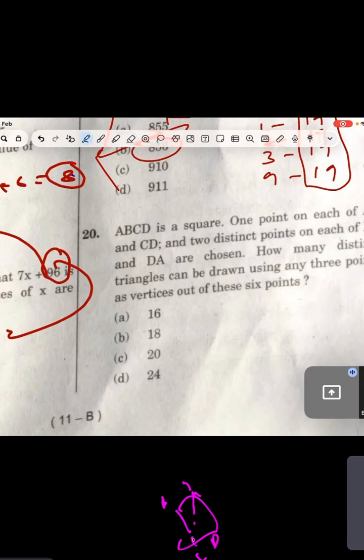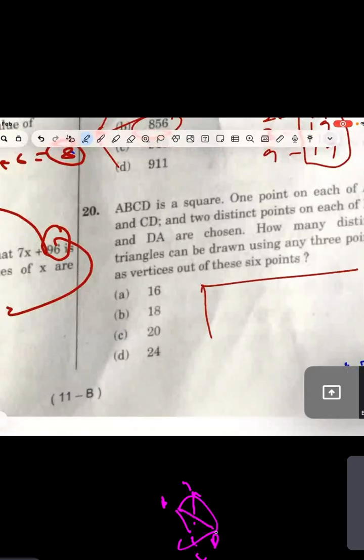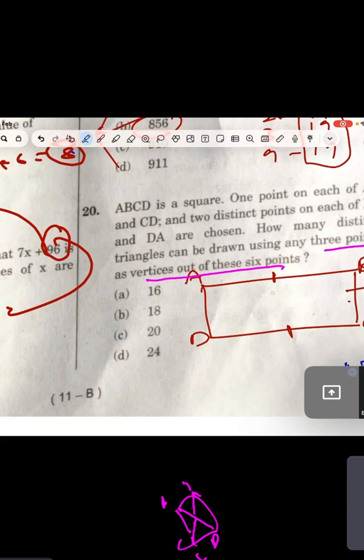See guys, the question is saying that this is a square, A, B, C, D. 1 point on each of AB, here 1 point, 1 point. Two distinct points on each of BC, 2 points. So total how many points are there, Bhagya? 1, 2, 3, 4, 5, 6 points.